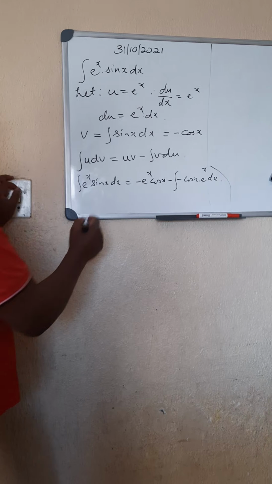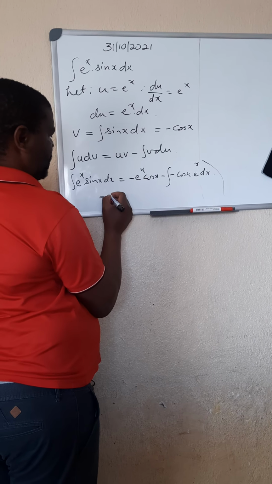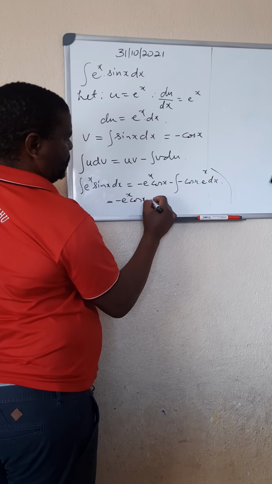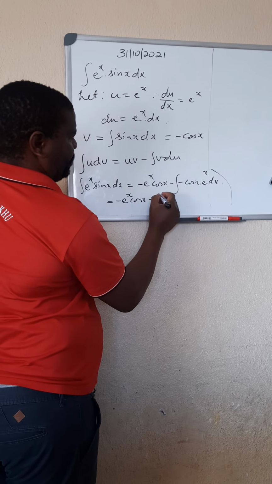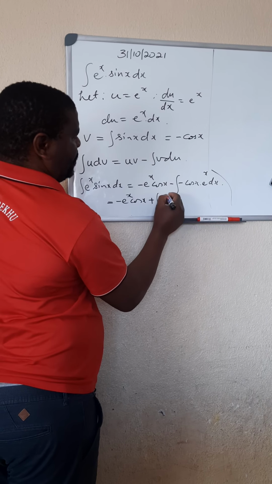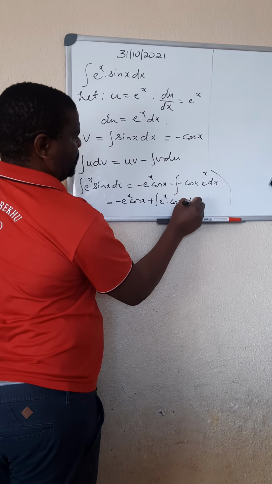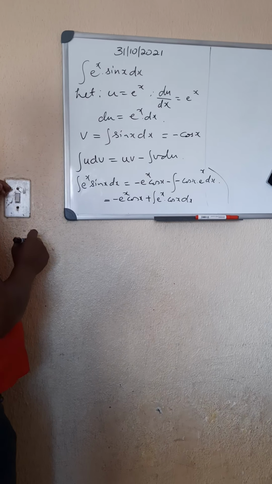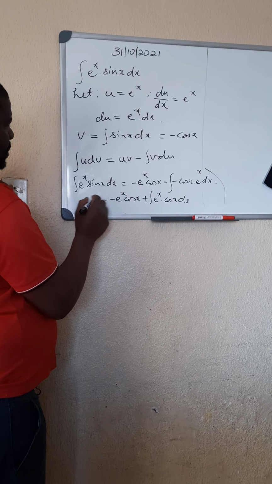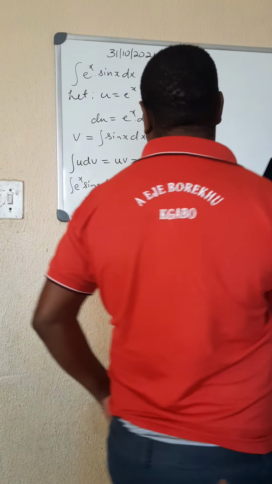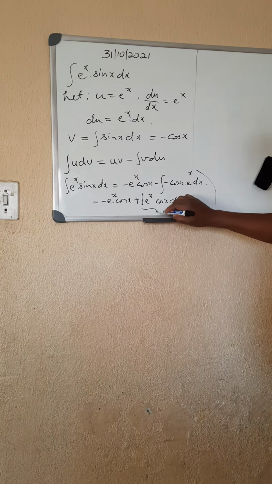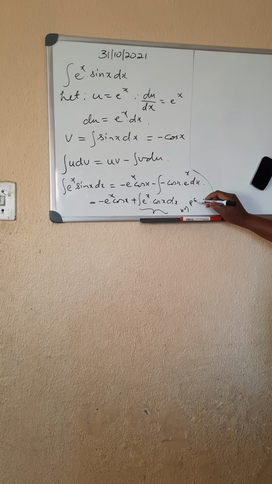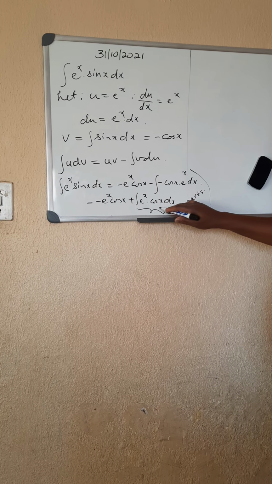There you are. Now this is then minus e to the x cos x plus the integral of e to the x cos x. When I multiply out that, this is what I have. Now, when you look at that part again, we need to do it by parts.